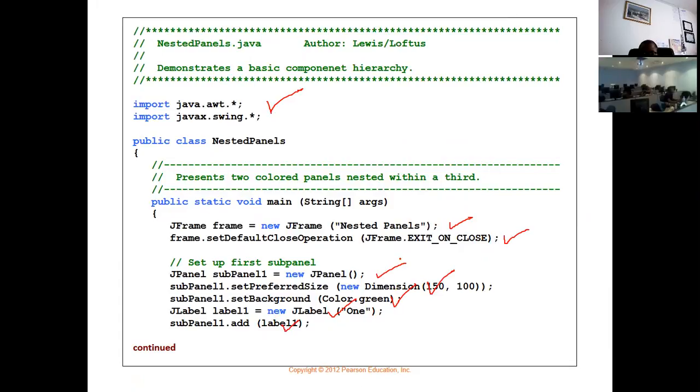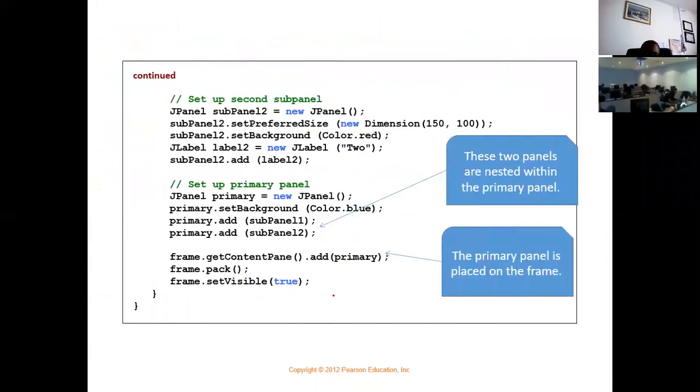So basically in subpanel 1 we should have a label that has the word ONE. Then we create another subpanel 2, and we set the dimensions and the color to be red, and we set the label that we created to 2, and then we add label 2 to that, okay?